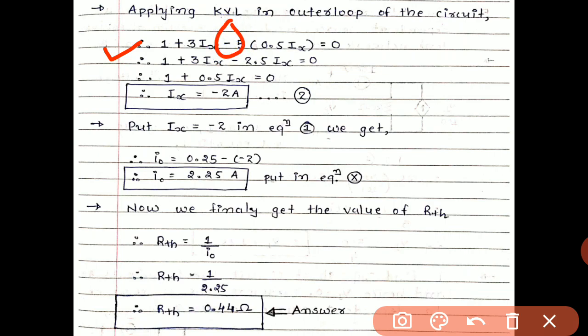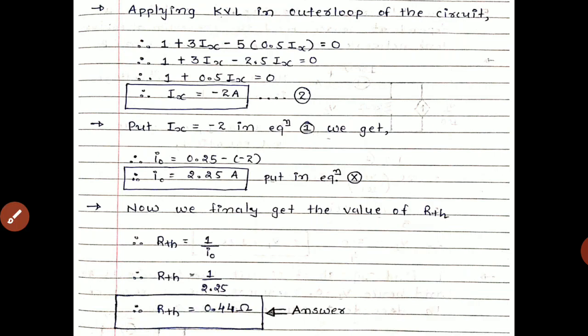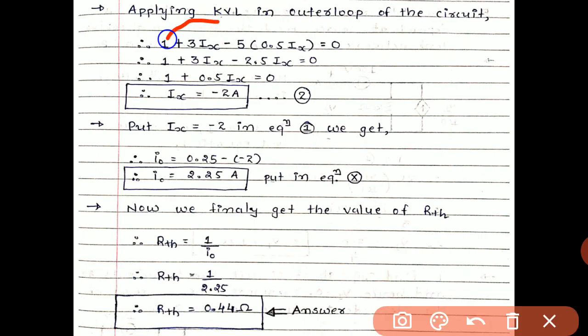Because the direction of current we chose and the direction of current flowing through the 5 ohm are opposite. And why is the sign positive here? Because the current direction we chose and the current direction flowing into the 3 ohm resistor are the same. That's why the sign is positive.